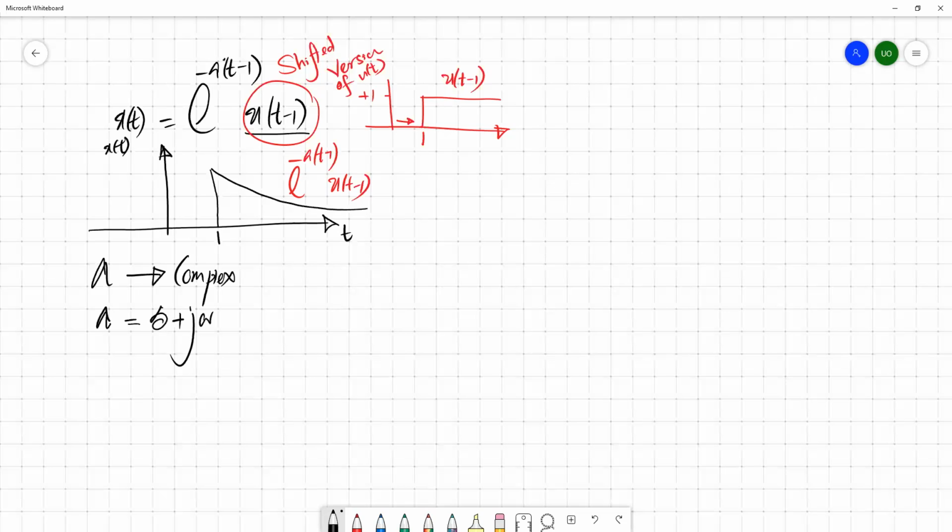Sigma and omega are real numbers and j represents the complex domain. Sigma is the real component of a and omega is the imaginary component of a. So in general we can represent a as sigma plus j omega.